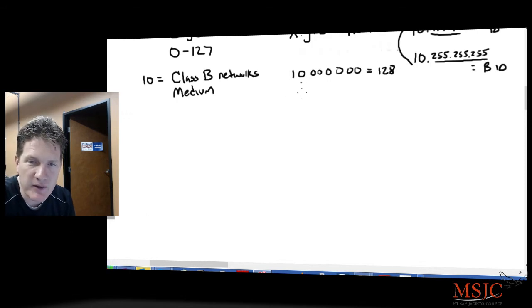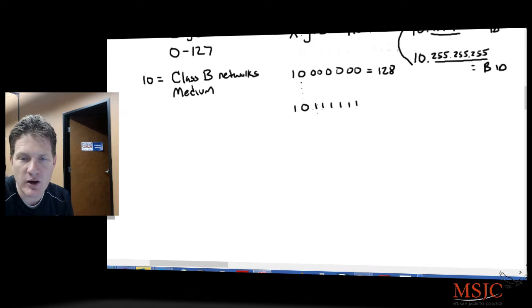We could figure out all the combinations in between, but the last possible combination would be 10111111. And we would have to figure out what that is, and that's pretty easy to do.